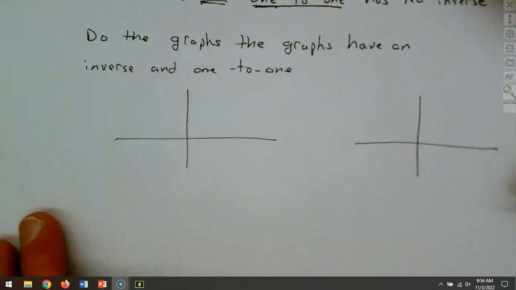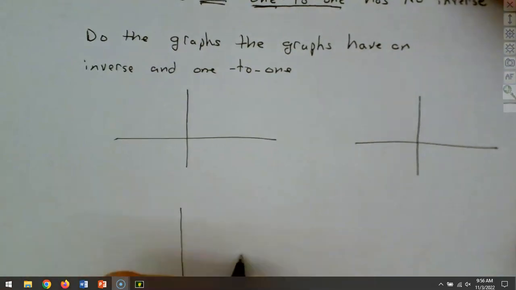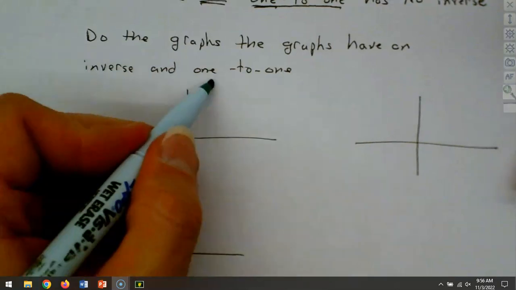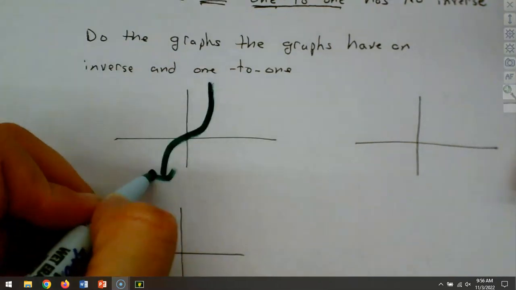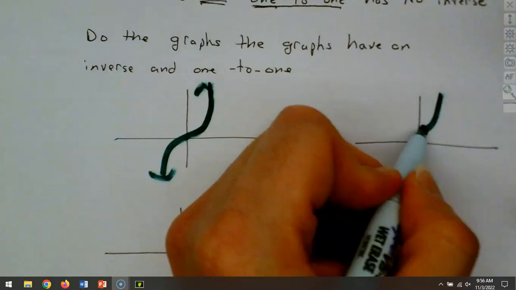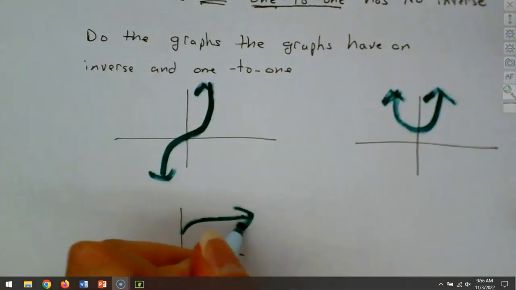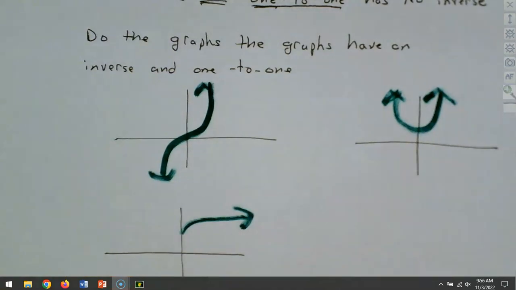Now, one-to-one just means it has an inverse. They're the same. Those words are used interchangeably. Okay, so some of these are going to have inverses and some of them are not.